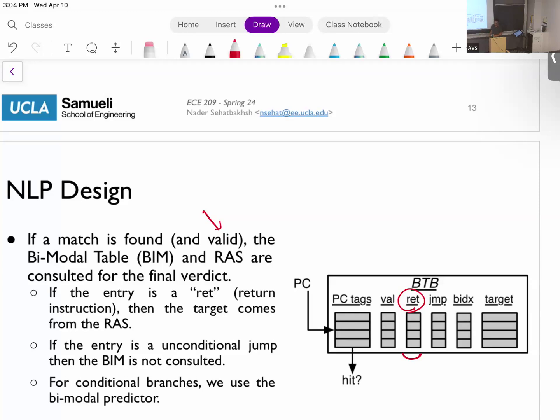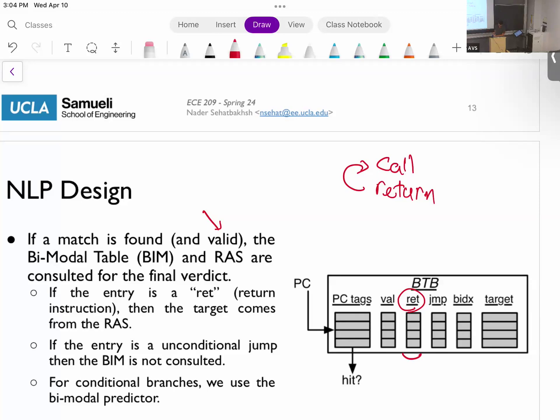So this return bit basically tells you whether this is a return instruction or not, because the good thing about return instructions is that you can use some form of a FIFO method, because there is a call and there is a return. If there is a return, there has been a call previously. So I can remember where that call was coming from, and my return address could always point to that, right? So whenever I see a call, I push the address for the return, and that's how we're gonna remember that, okay?